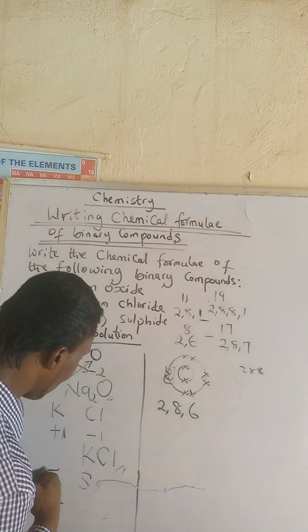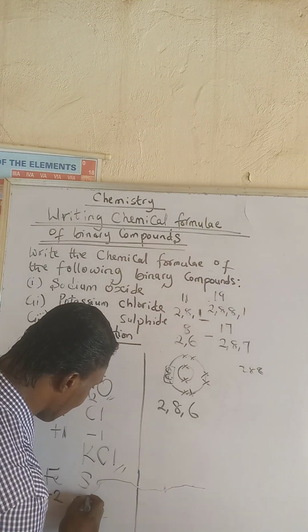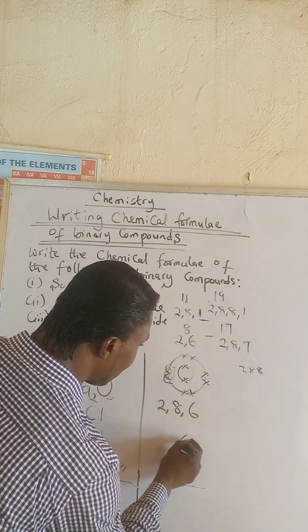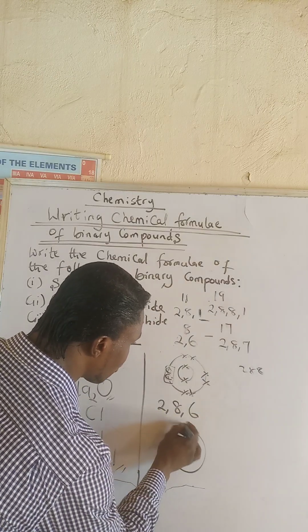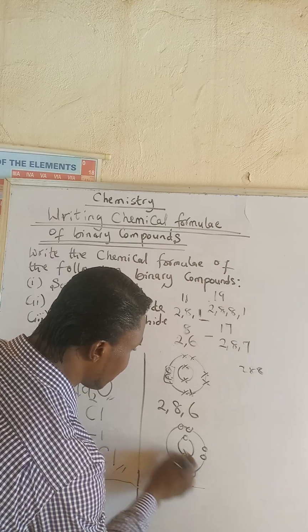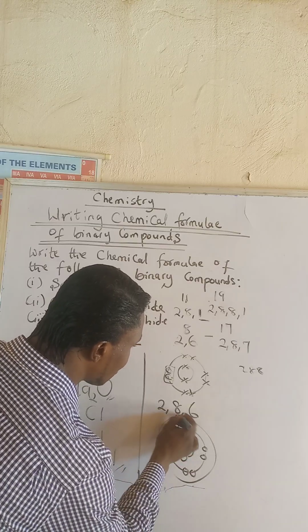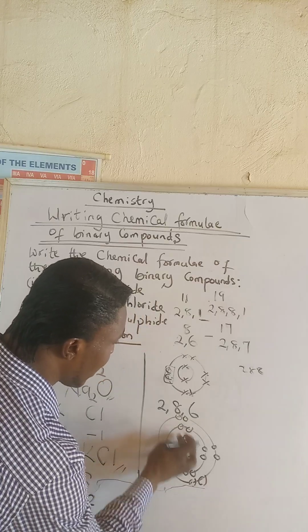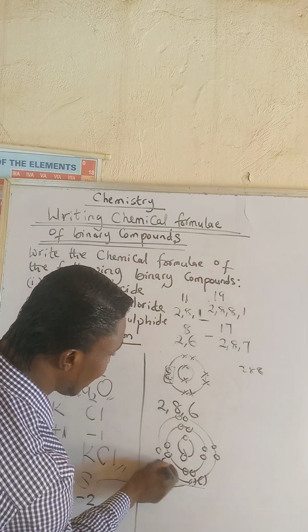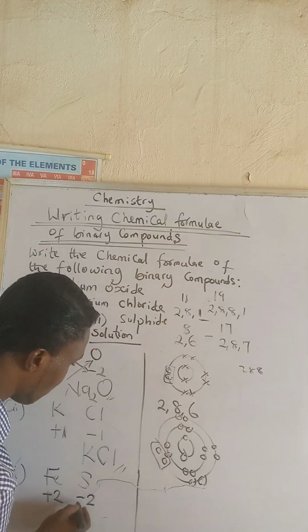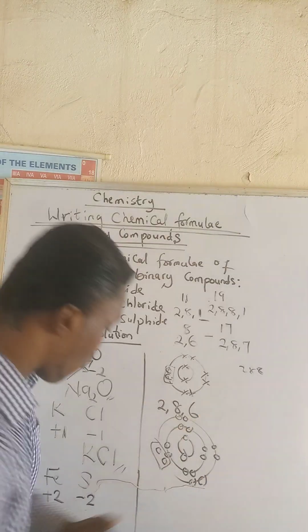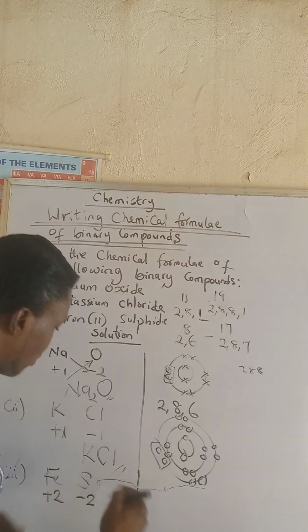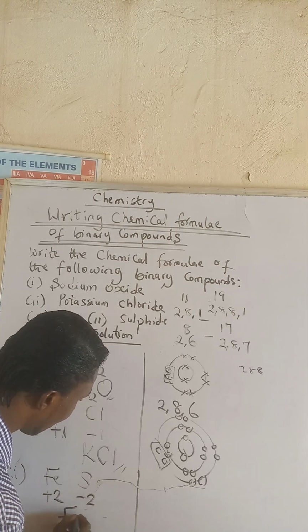So here you have your -2 because it will be receiving 2 extra. Sulfur will be receiving just 2 extra electrons, 2, 8, 6, to become -2. Again, when both charges are the same, you cancel them out, bring both symbols together. So this is the formula of iron(II) sulfide, FeS.